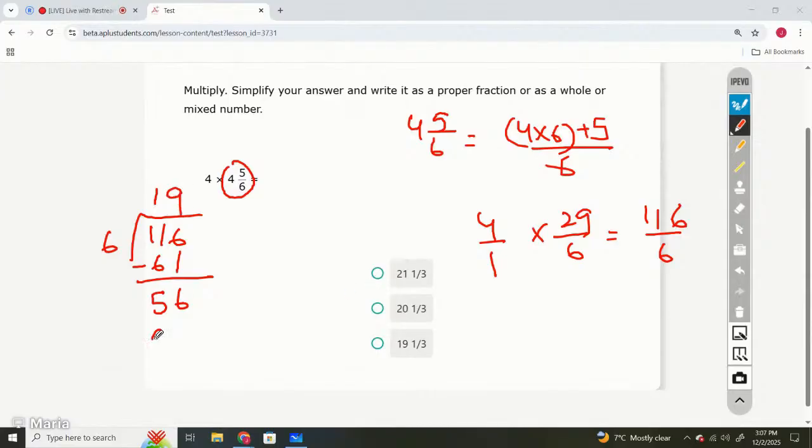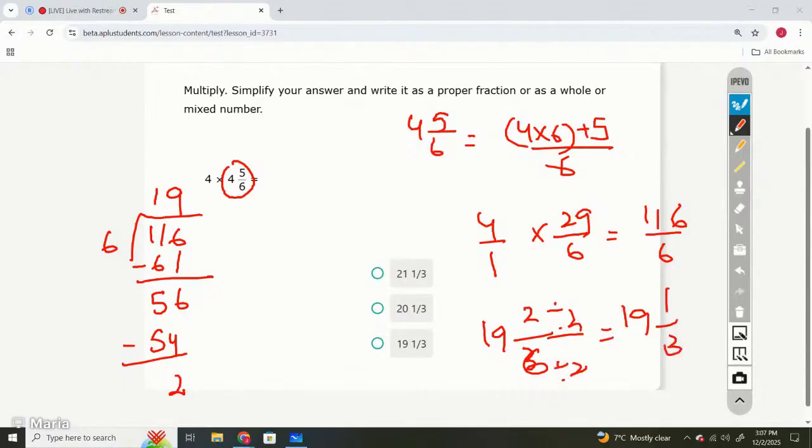So 6 times 9 is 54, right? So 56 take away 54 is 2. That is 19 whole 2 by 6. Now divide the fractional part by the greatest common factor, that is 2. So 19 whole 1 by 3, option number 3 is the correct option. Very good.